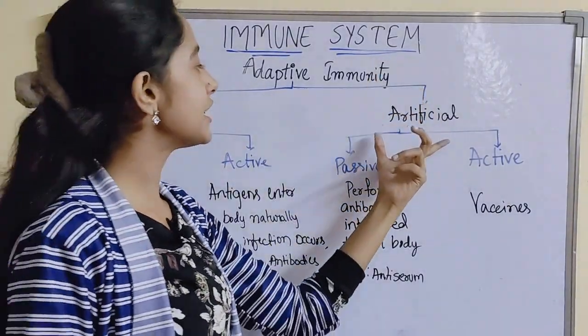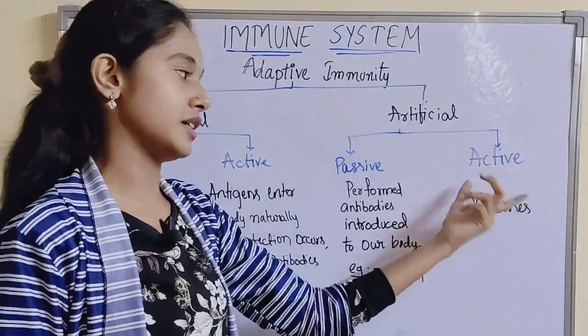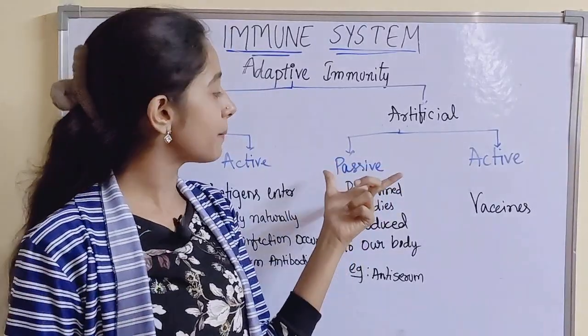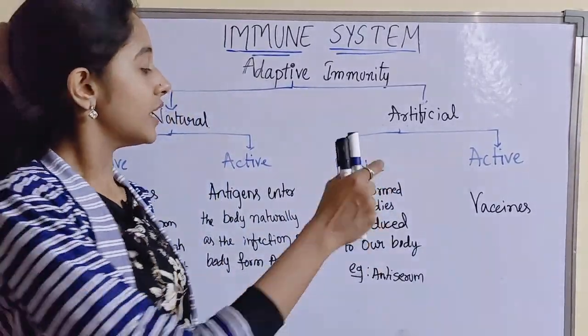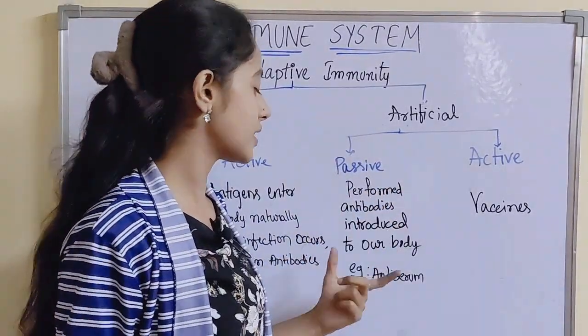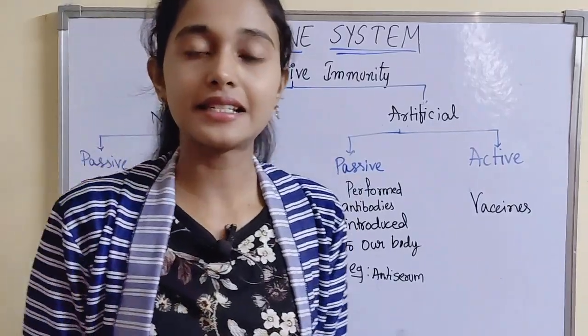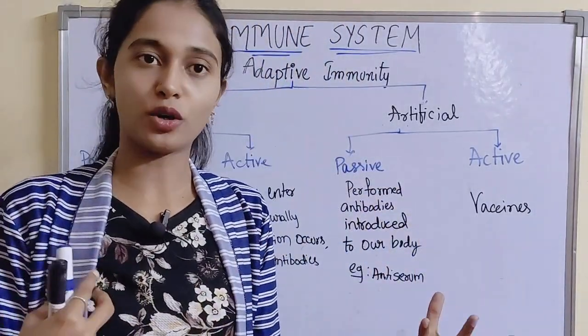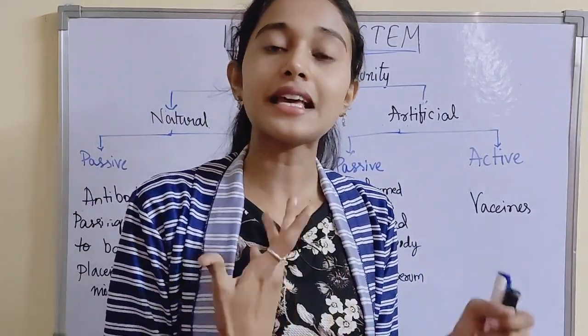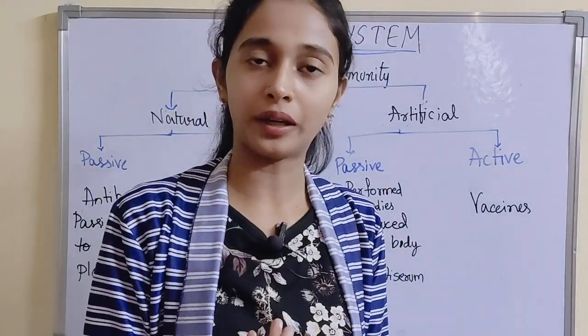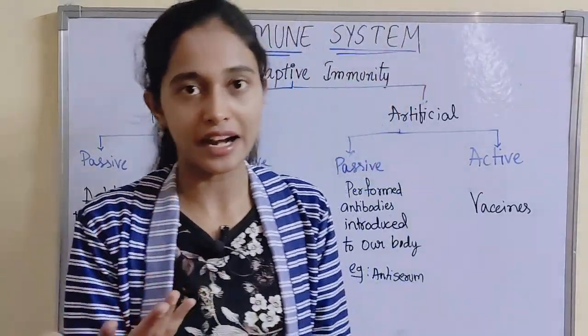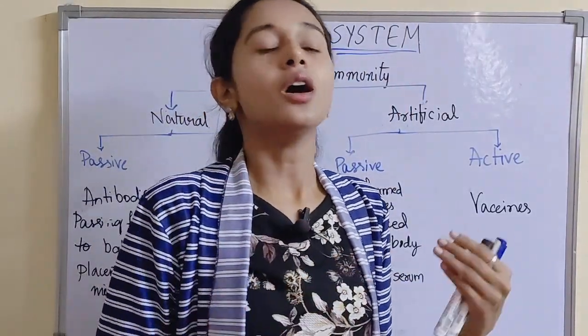So next one is artificial passive and artificial active. In artificial passive acquired immunity, preformed antibodies are introduced to our body. The preformed antibodies means antibodies जो कि बाहर से बने हुए हैं. We have made it, man-made antibodies को हम लेंगे.